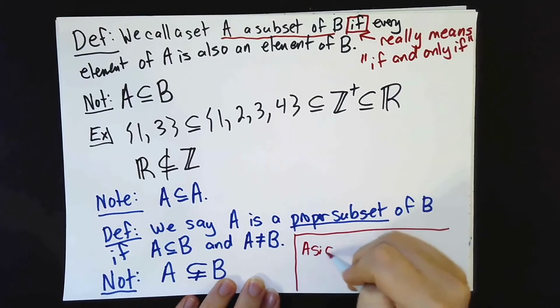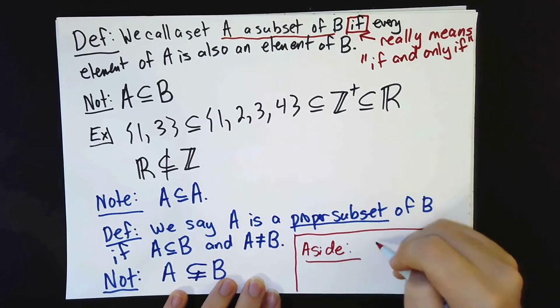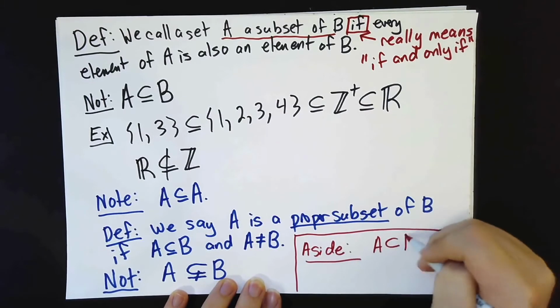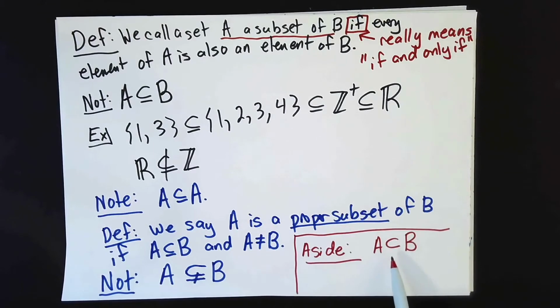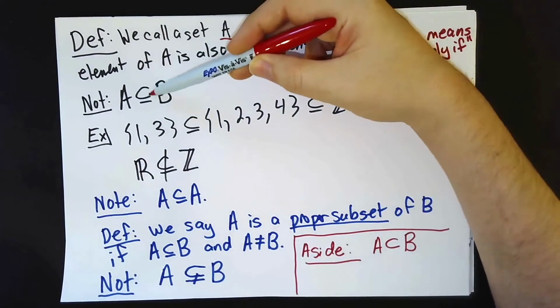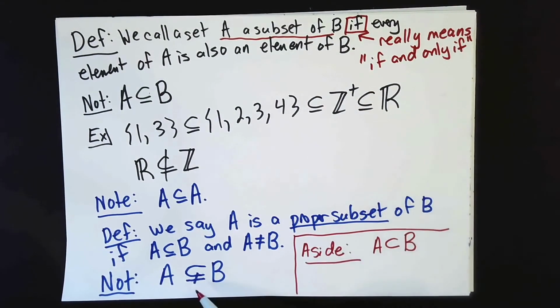Very brief aside on notation, you will see this done lots of ways. Various people will use this symbol to mean either A is a subset of B, or A is a proper subset of B, in which case they use it to mean that.